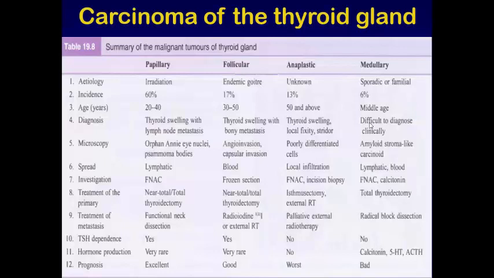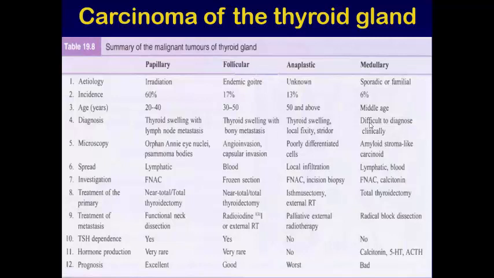This diagram, or this table, shows different types of thyroid cancer: papillary, follicular, anaplastic, medullary, and a comparison between these tumors. Regarding the etiology, radiation is the most important predisposing factor for papillary and follicular tumors.